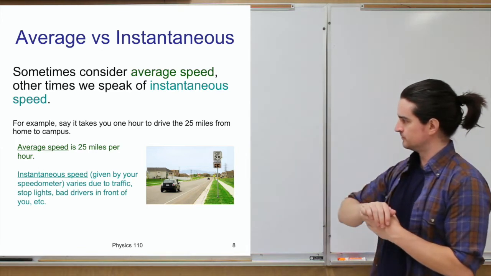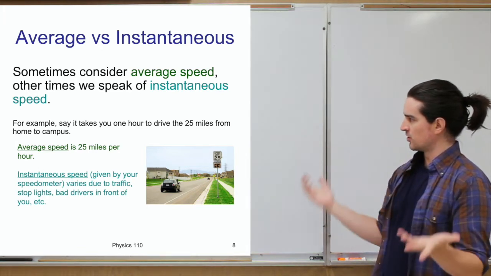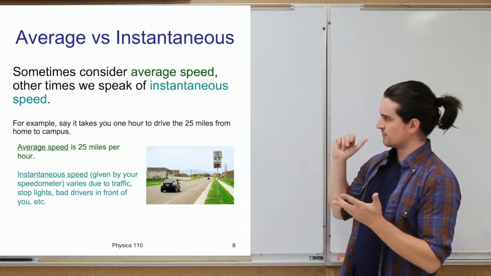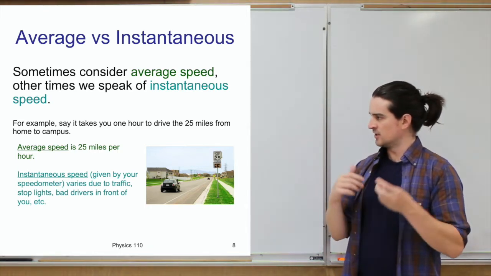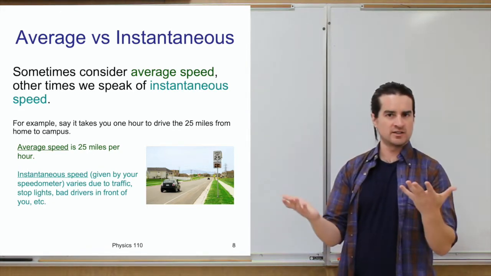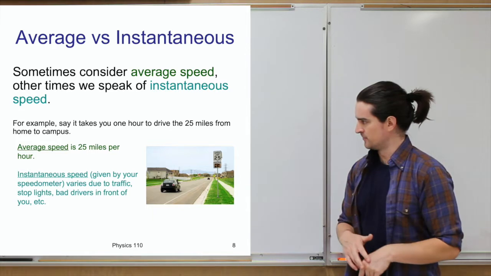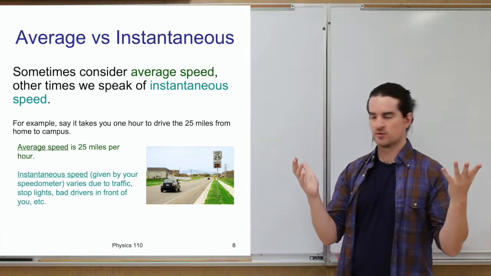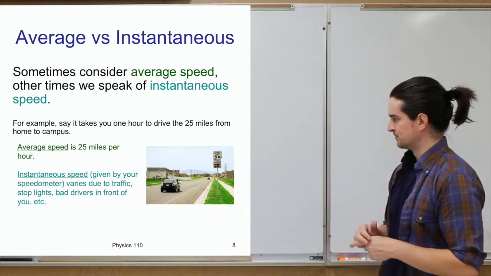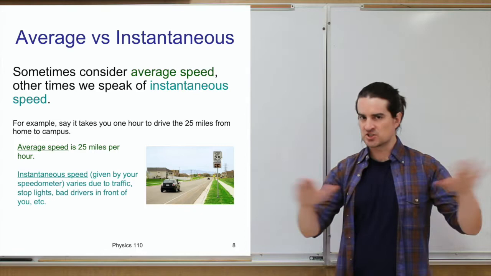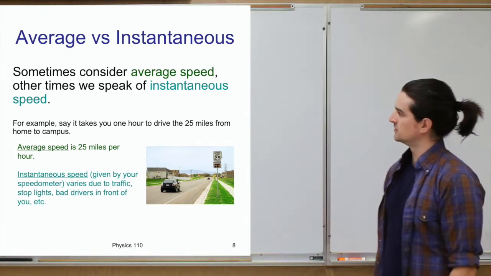So if you're on a trip, and it takes you an hour to go 25 miles, your instantaneous speed might be all kinds of different things. It's going to be 0 at times when you're at a stop sign or a stoplight. Maybe it's 60 miles an hour when you're on the highway for a few minutes. So instant versus just averaging over the entire trip.